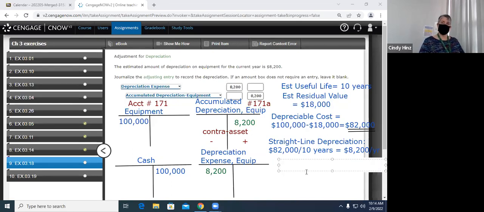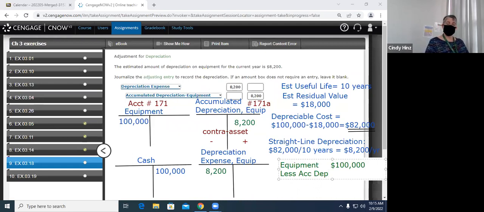This is what we would see on our balance sheet. We would see the equipment. We would see the original or historical cost for that equipment, $100,000. Very next line, and I'm going to just abbreviate for space purposes, we would see the accumulated depreciation.